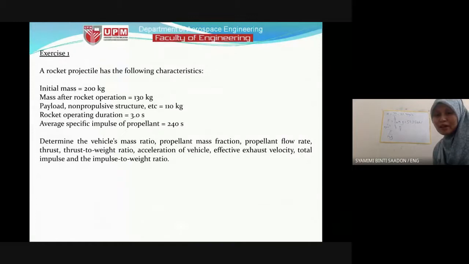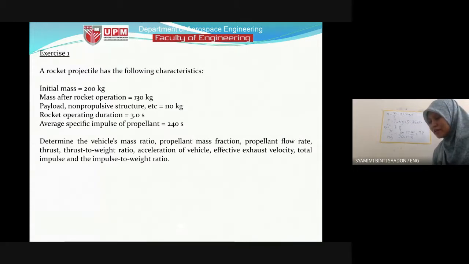This one is 54.85 kilonewton, or change it into Newton, and this one is 200, the initial mass of the rocket, times 9.81. So we have around 27, 28, something like that, for the thrust to weight ratio.